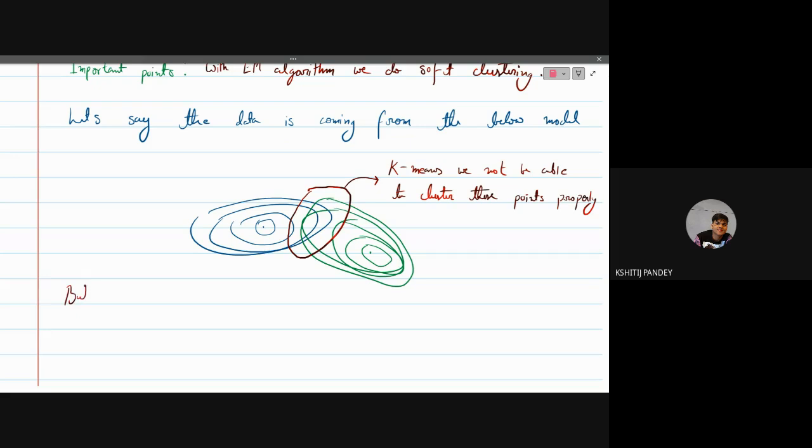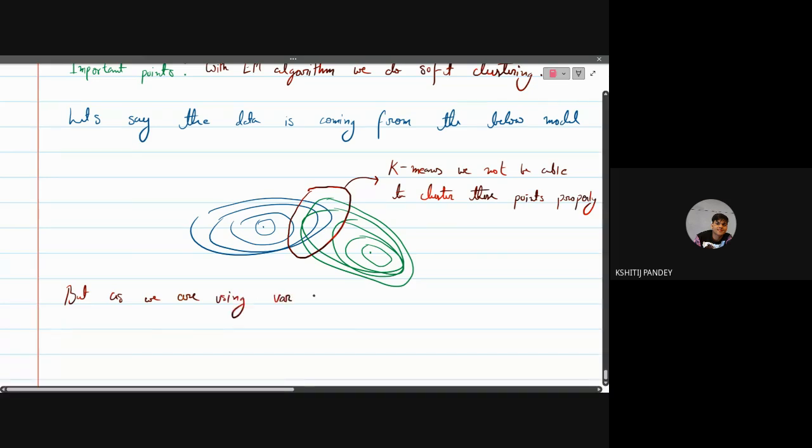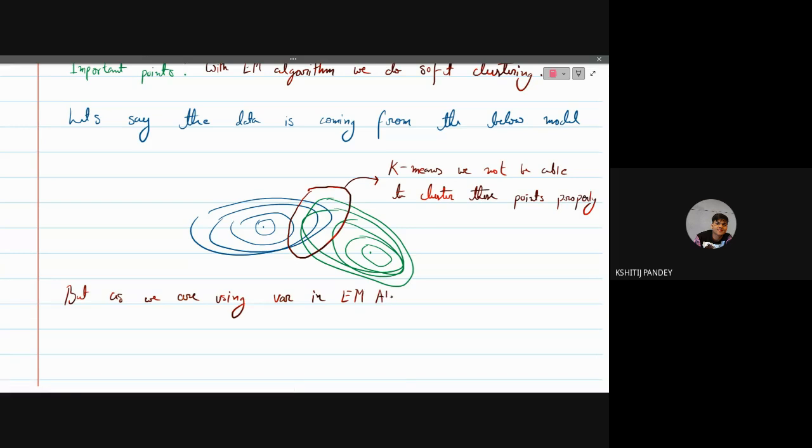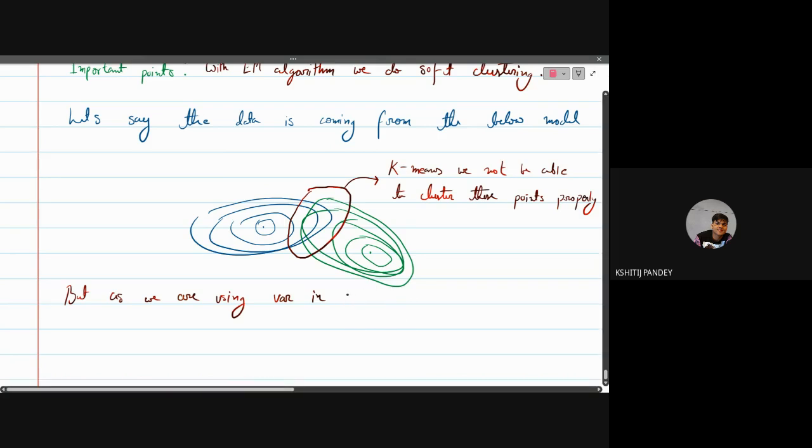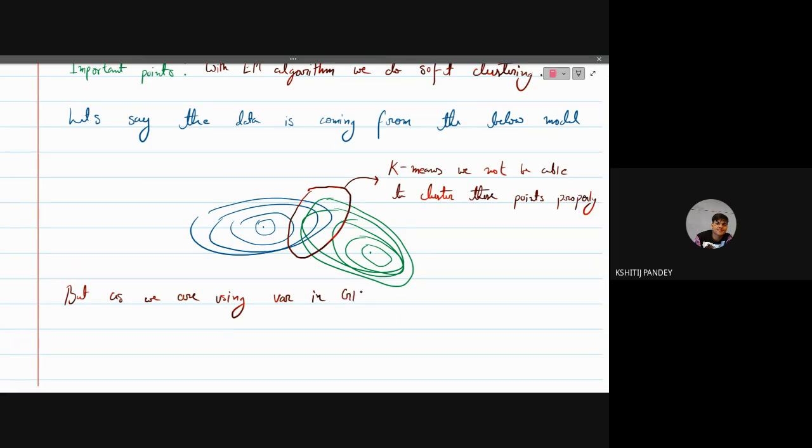But as we are using variance in the EM algorithm, by that we mean we actually use variance in the modified log likelihood function of GMM, or you can write EM algorithm, no difference.